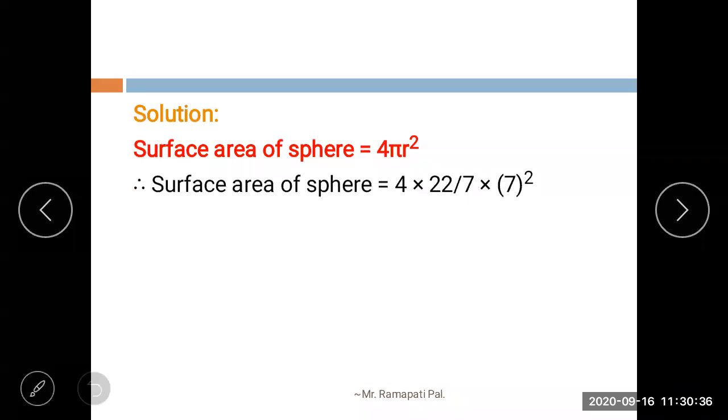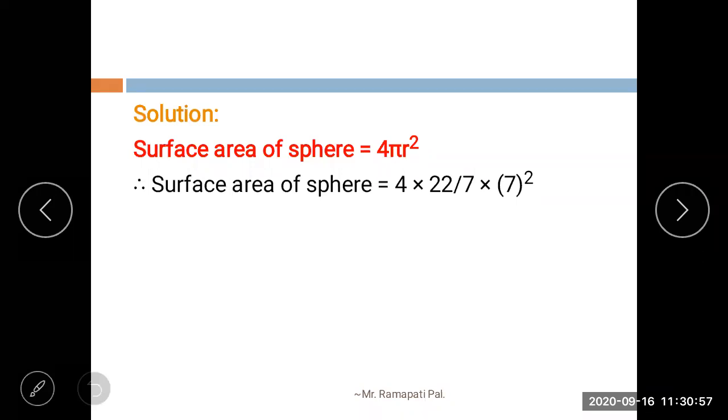Once you substituted the value, very simple it is. In the numerator 2 7 is there, 7 square means 7 into 7, and in the denominator 1 7 is there. So 1 7 will be cancelled and 1 7 will remain in the numerator.